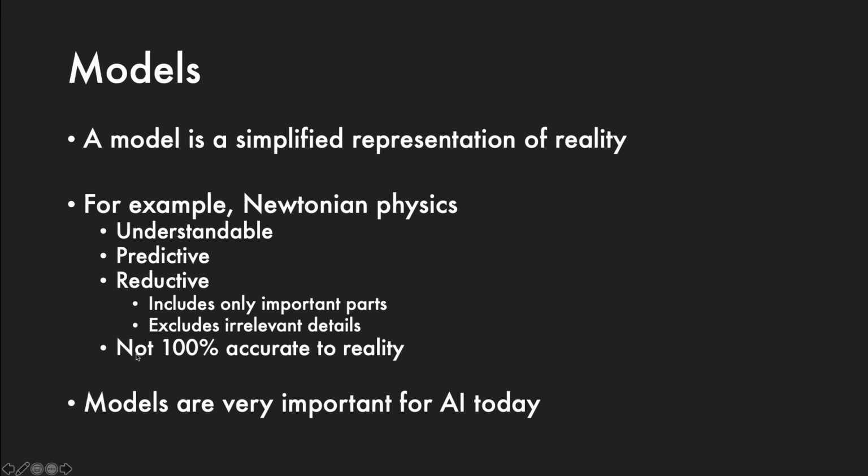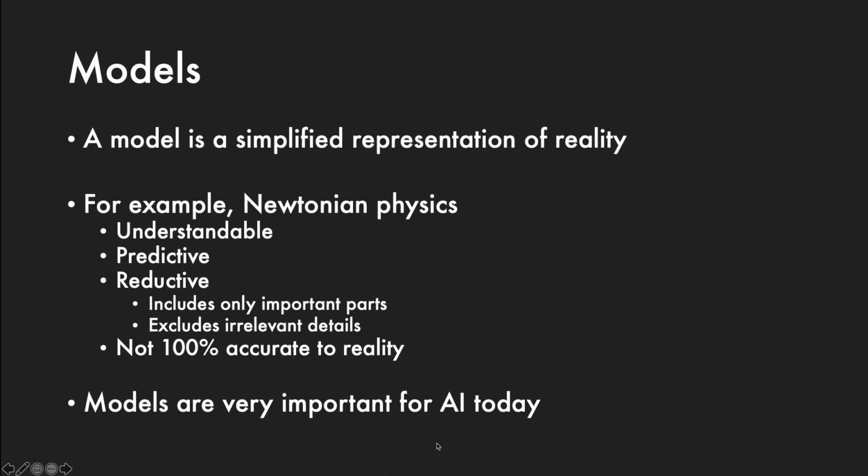And it's also worth noting it's not necessarily 100% accurate to reality. So, for example, you might need Einstein's physics, which is, as far as I know, somewhat incompatible with Newtonian physics, in order to do certain problems. However, that doesn't mean Newtonian physics is a bad model. It just doesn't apply in all cases.